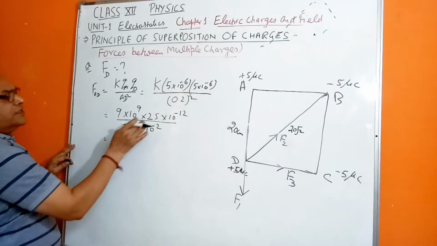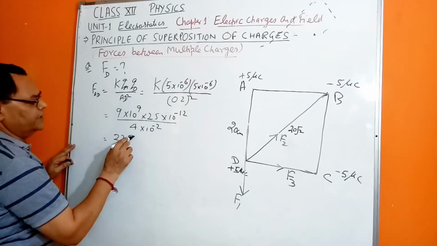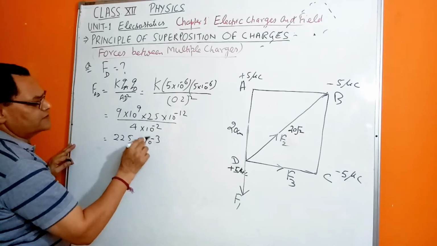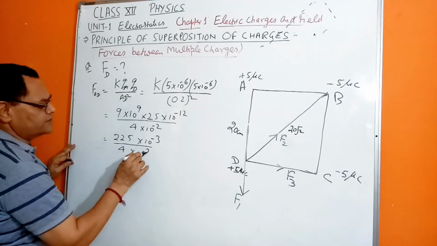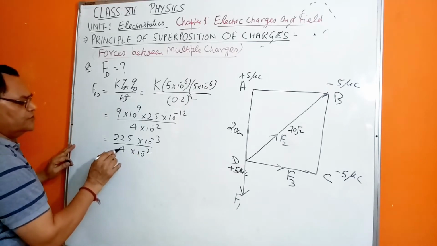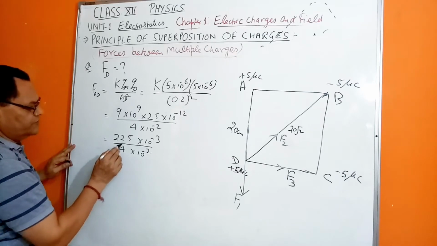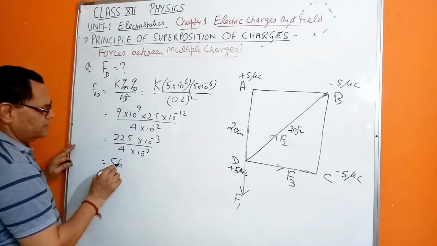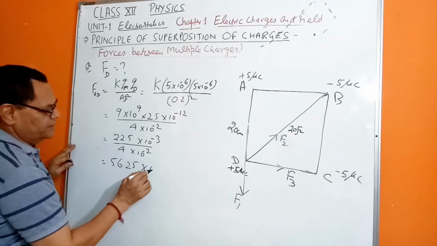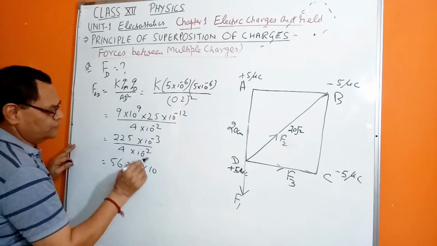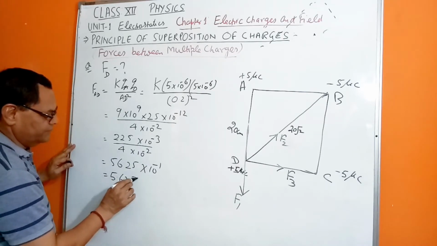So how much is it? 25 into 9 is 225, 10 to the power minus 3 upon 4 into 10 to the power minus 2. So approximately, 10 to the power minus 3 and minus 2, that is minus 1. So you will have 5.625 newtons.